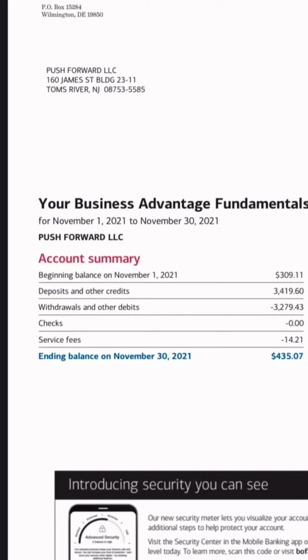Now we move forward to the ending balance. As you can see here, the ending balance on November 30th, 2021, which has $436.07.